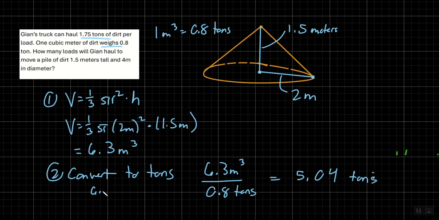Oh, I should be multiplying it, not dividing it. 6.3 times 0.8. Yeah, sorry. Scratch that. My bad. I can't put it in the bottom, because then I wouldn't get rid of my units.